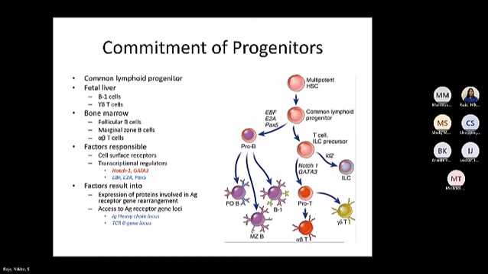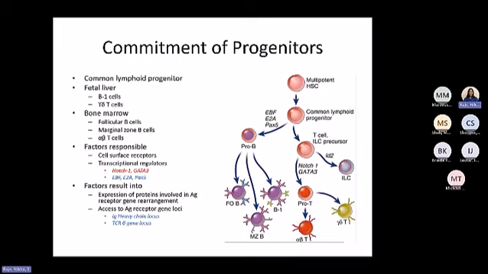So these factors will result in expression of proteins that are involved in antigen receptor gene rearrangement, and also whether there is access to those gene loci, right? So in the DNA, there are certain gene areas that are called locus or loci, and next to them are their promoter regions.